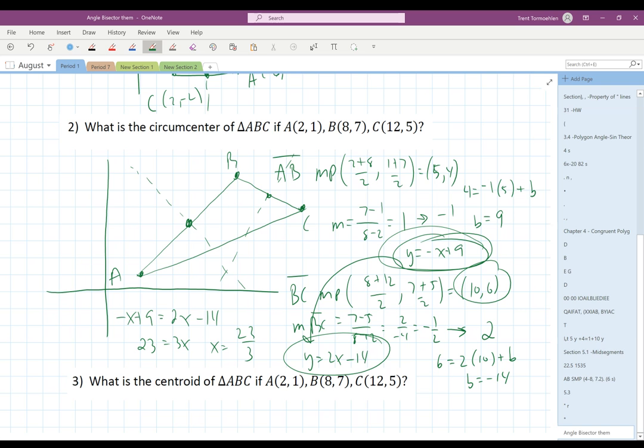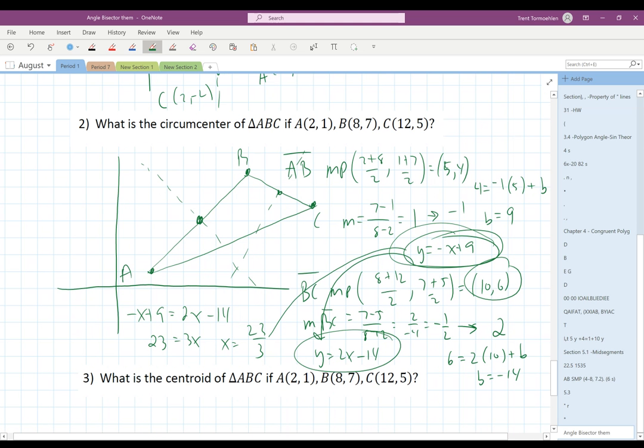And so that's our x-coordinate. And once we have the x-coordinate, we can just find the y-coordinate by substituting it in for x. So you're going to say y equals, and we'll put it into this one, negative 23 over 3 plus 9. When you add those together, you just get 4/3, because 9 is 27 over 3.